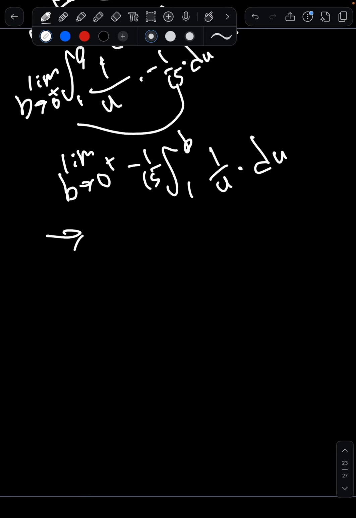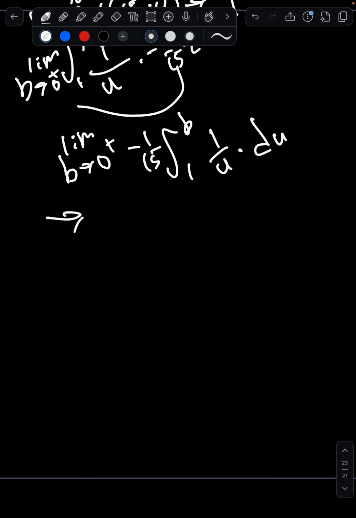So now we look at this negative 1 over 15, right? And we look at what our function is inside, the 1 over u. We know that the integral of 1 over u is the natural log of the absolute value of u. So applying that, we now have the natural log of the absolute value of u from 1 to b.